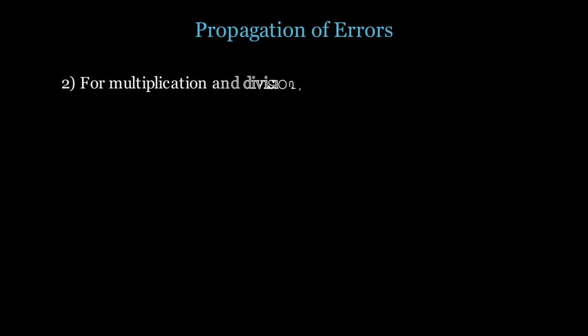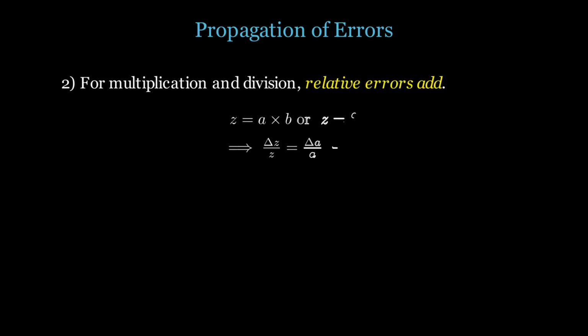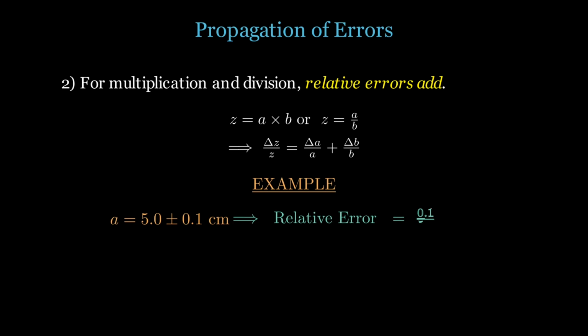In case of multiplication or division, the relative errors add up. So if we consider the same example of A and B as before, then we can see that the uncertainty in A is 0.1 over 5.0, which is 0.02 or 2%, and for B it's 0.1 or 10%.